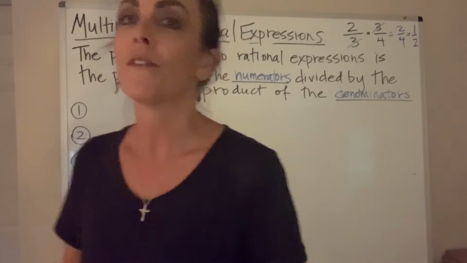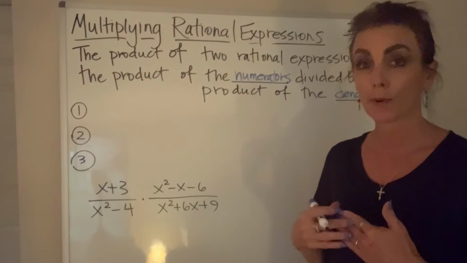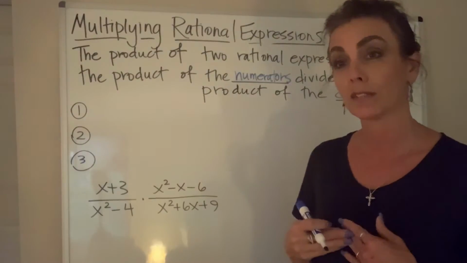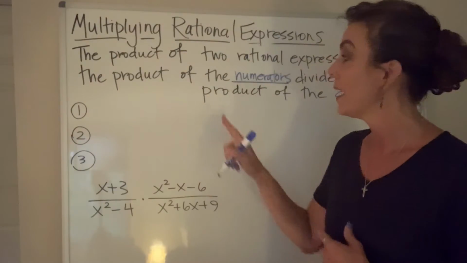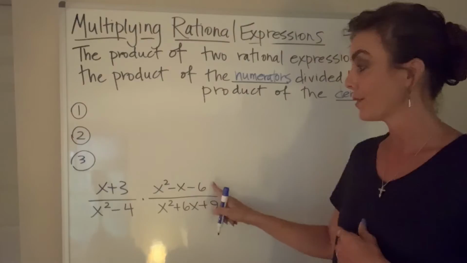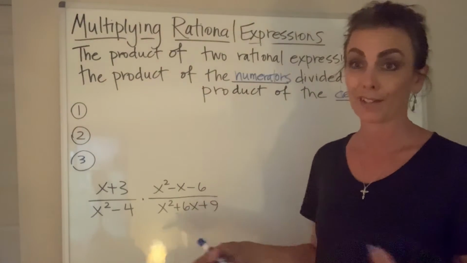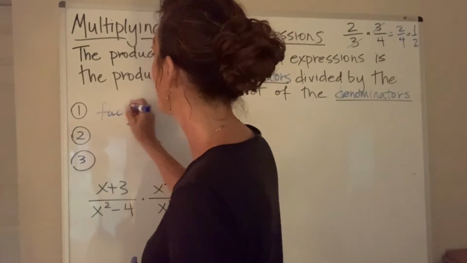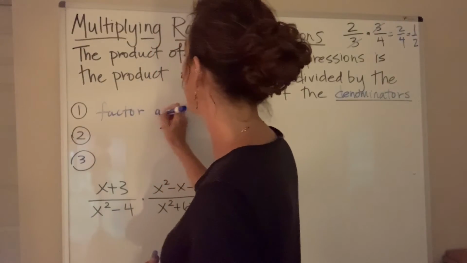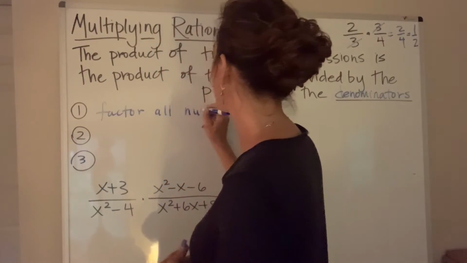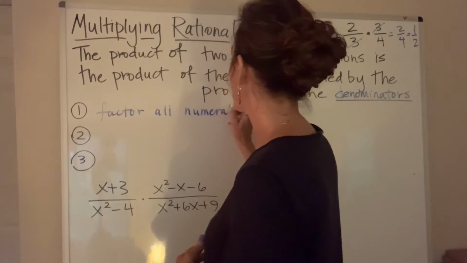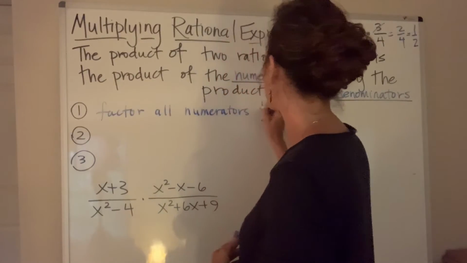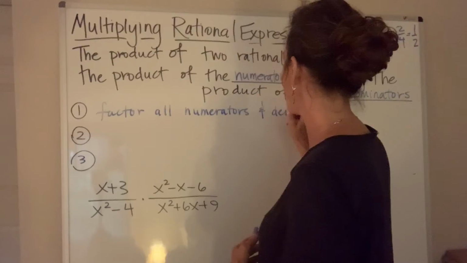Well, the very first thing, when we're finding a product of rational expressions, we are going to take all the numerators and all the denominators and factor them. Okay, so we're going to factor all numerators and denominators.